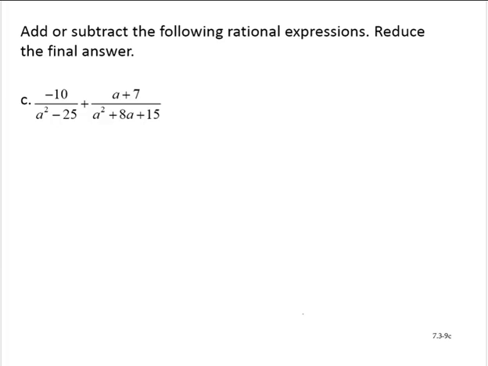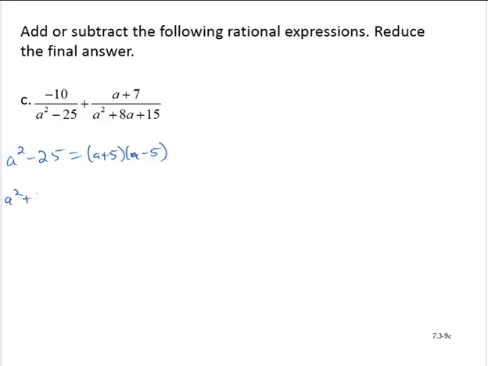All right, in example C, we have negative 10 over a squared minus 25 plus a plus 7 over a squared plus 8a plus 15. All right, so first let me get a common denominator. And to do that, let's do some factoring. A squared minus 25 factors as a plus 5 by a minus 5 using difference of squares.